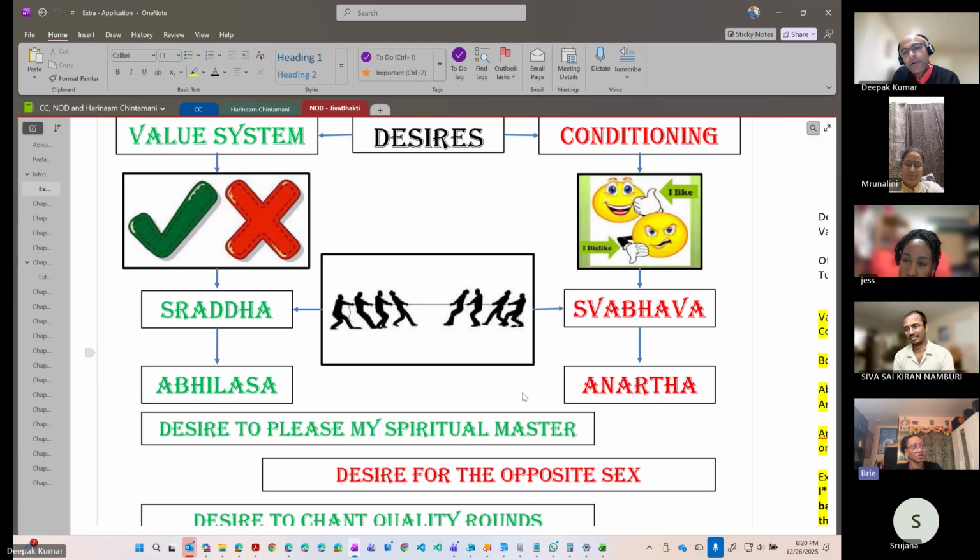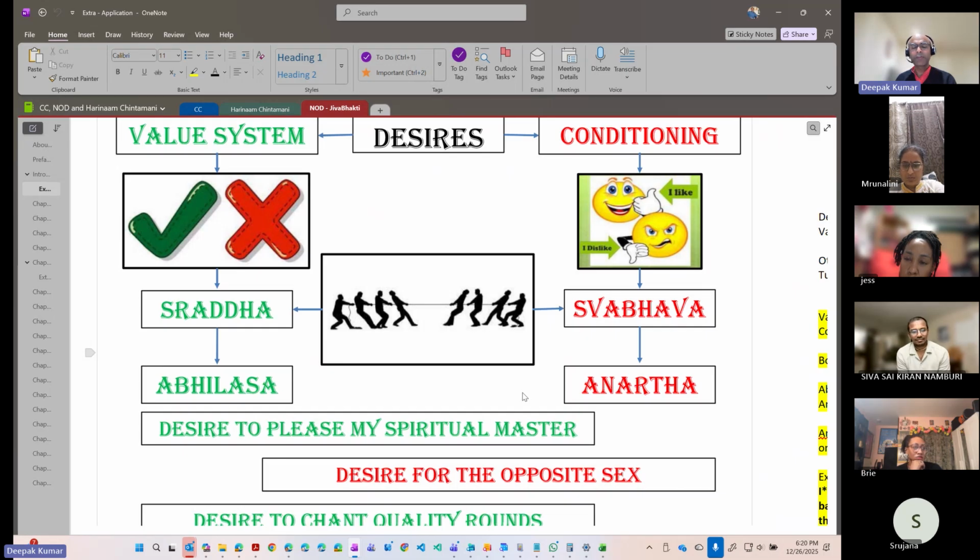Or is it on the soul level that has the anartha? It is the body and the condition of mind. Yeah, the subtle body and the gross body have the anartha. The soul is always pure, right? The soul is seeing through the subtle body, then I'm called conditioned, because when I see myself, it is the combination of soul, my subtle body, and my body. That's how I identify myself.